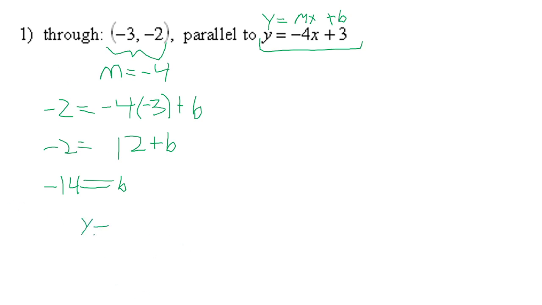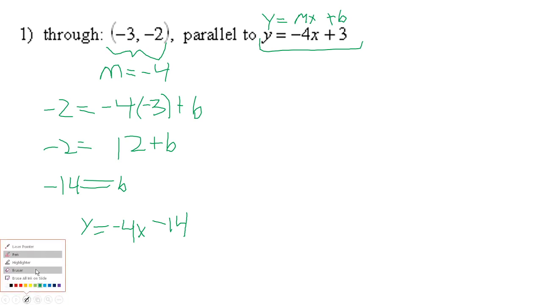So y equals -4x minus 14. And that's it. So really the only new thing we have here is being able to see that the new line's slope is going to be the same as the old line's slope.